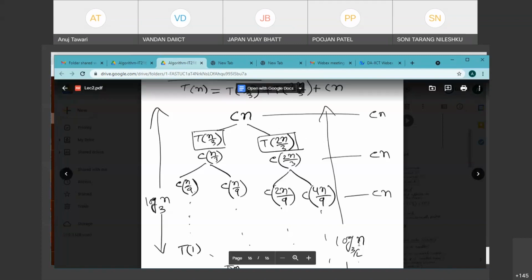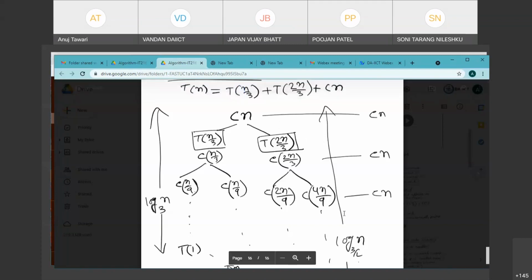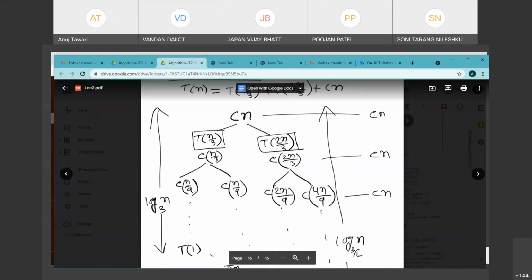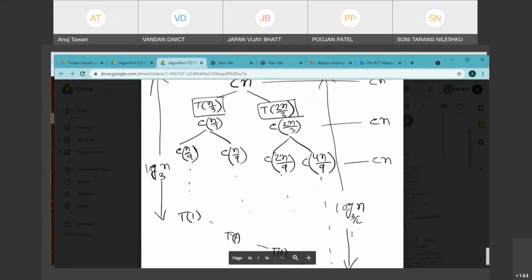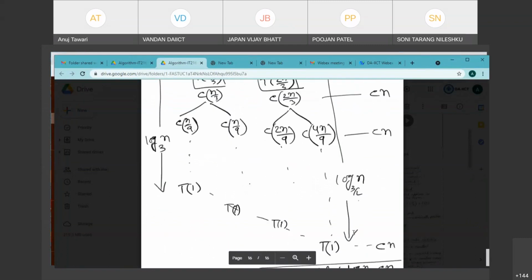And this tree is growing much slower because here it's 2n by 3, then 4n by 9, so it is getting divided by 3 over 2 every time. So in this case, you get log n to the base 3 by 2. Okay, I got it. Thank you, sir.